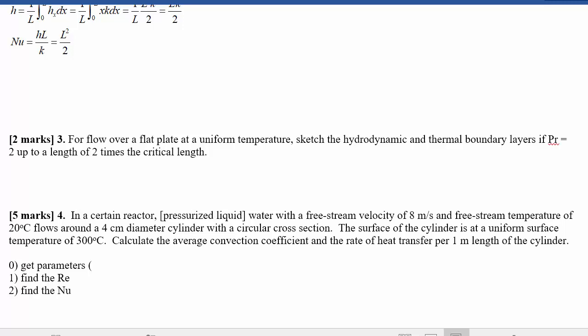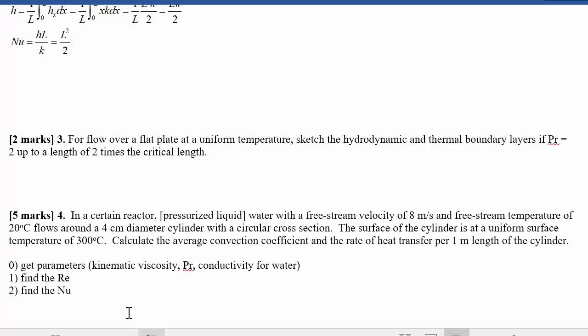We're going to need the kinematic viscosity, we're going to need the Prandtl number, and anything else that we're going to need. Well, we'll come back to that. Probably the conductivity for water, for the fluid. Okay, so yeah, that would be the kinematic viscosity and Prandtl number for the fluid as well.